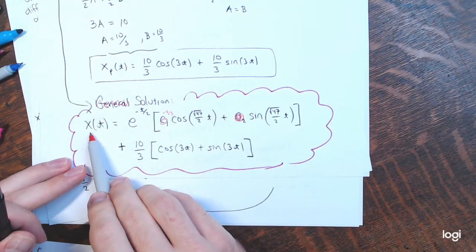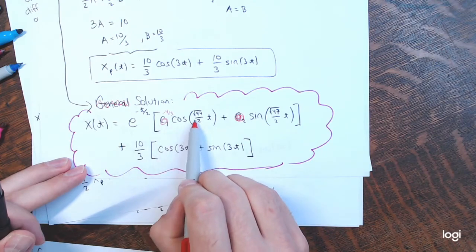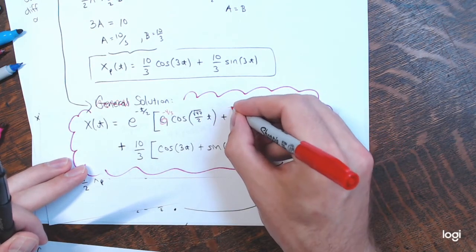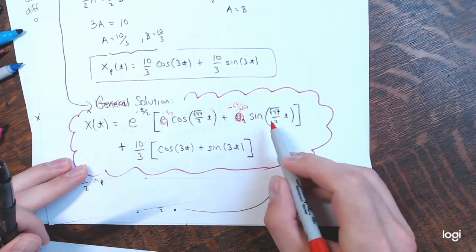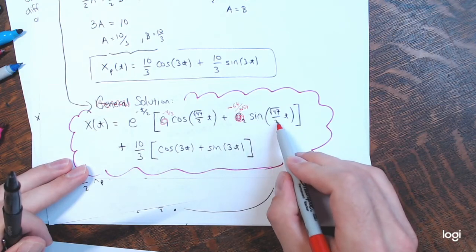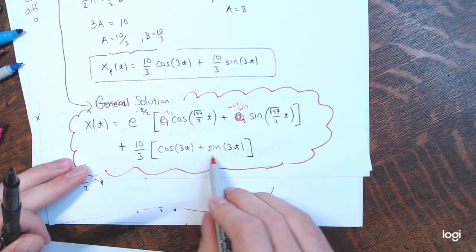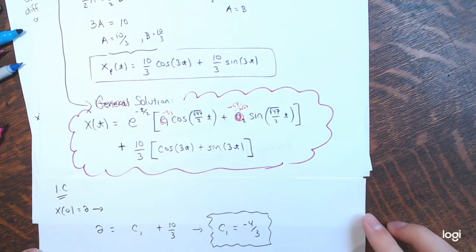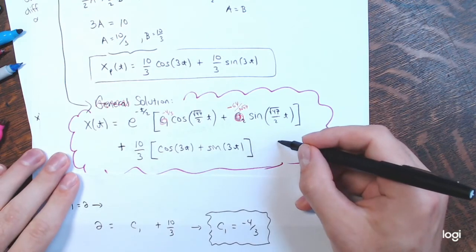X of t equals e to the negative t over 2 times the quantity negative 4/3 cosine of square root of 47 over 2 times t plus negative 64 over 3 times the square root of 47 times the sine of the square root of 47 over 2 times t, and then plus 10/3 times the quantity cosine 3t plus sine 3t. Yikes. But still doable, just like any other non-homogeneous equation. And of course this would be again in feet.